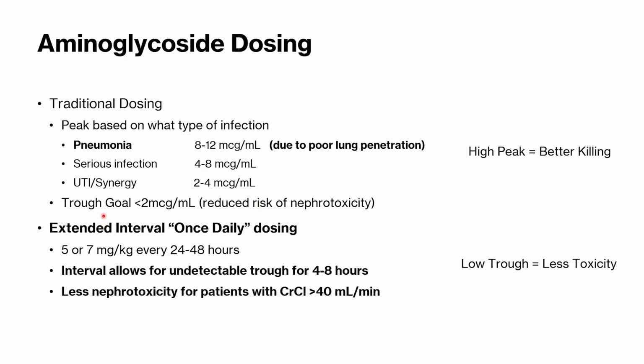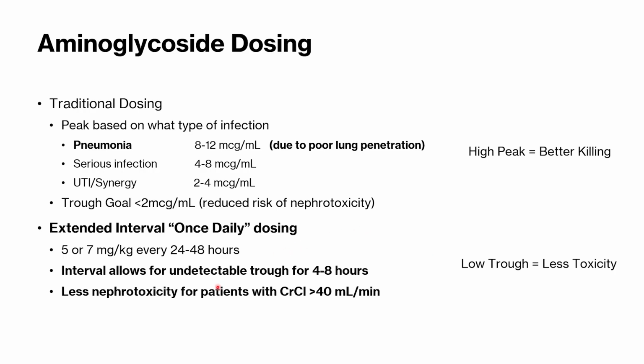And then the extended interval, once daily dosing, you can do 5 or 7 mg per kg every 24 to 48 hours. This is just the typical dosing strategy. The intervals allow for an undetectable trough for 4 to 8 hours, and they show less nephrotoxicity in patients with greater than 40 creatinine clearance.